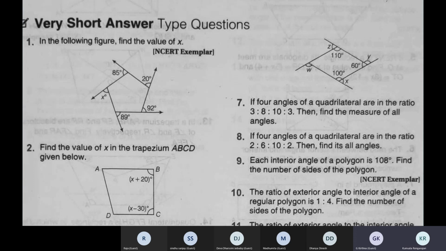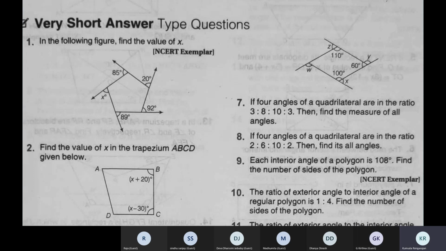Now, how do we find W? We found X, Y, and Z, Keertana. How do we find W? Ma'am, I didn't find that, but I think W is equal to 100 degrees, ma'am. Okay, 100 degrees. You're saying because alternate angles? Yes, ma'am.